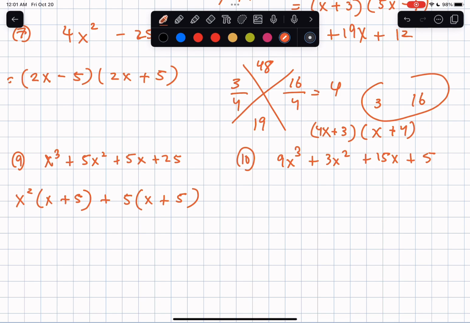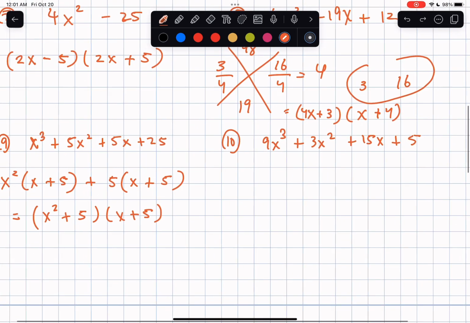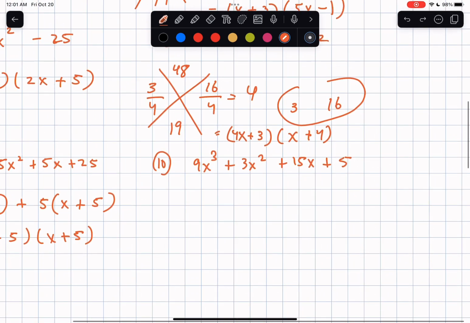And once you get to this step, you can actually do this. See what I did? So I combined these two, put it into a factor, and then I put these two into 1. So the answer is x squared plus 5 times x plus 5.